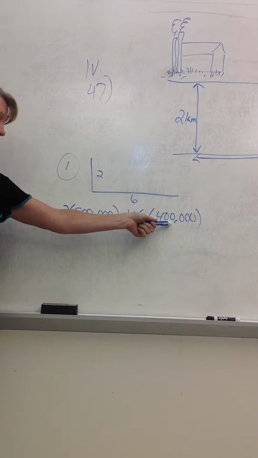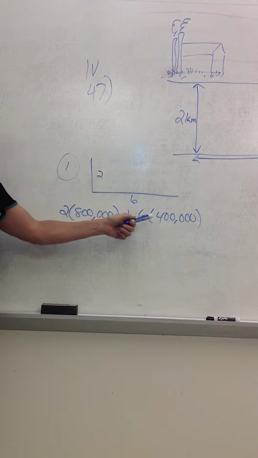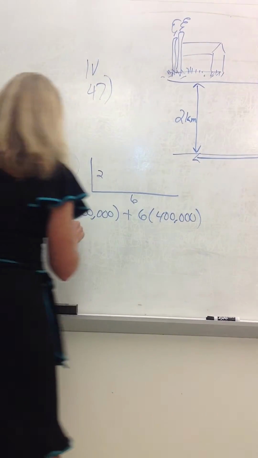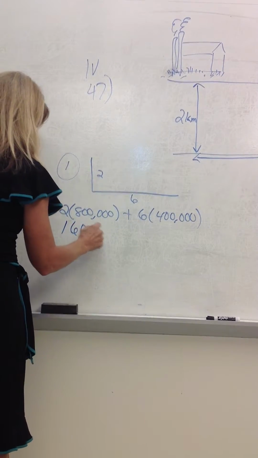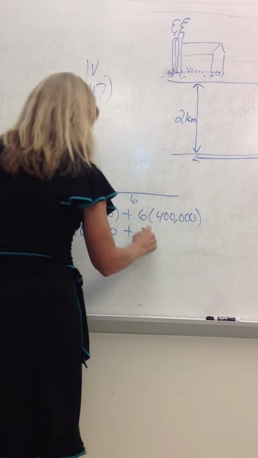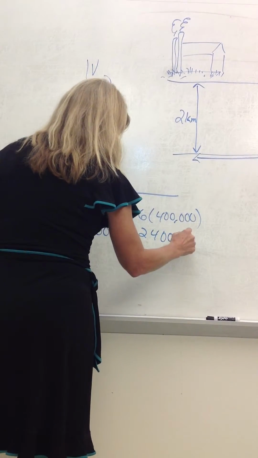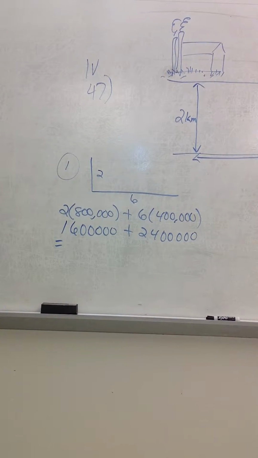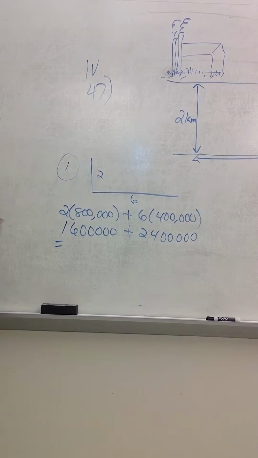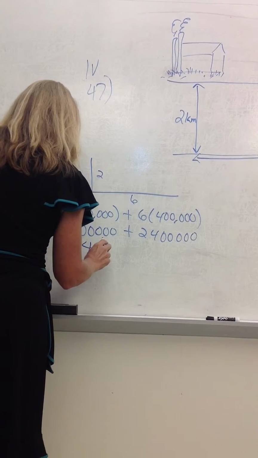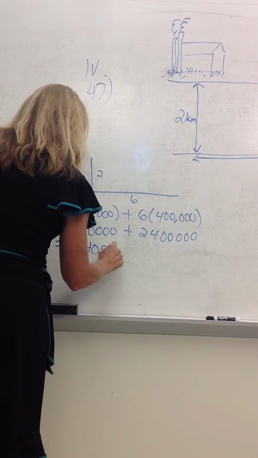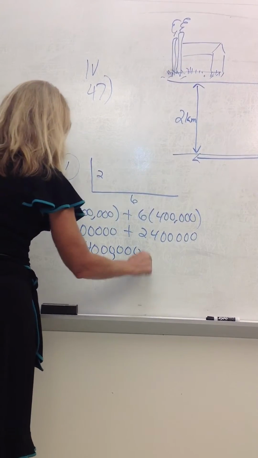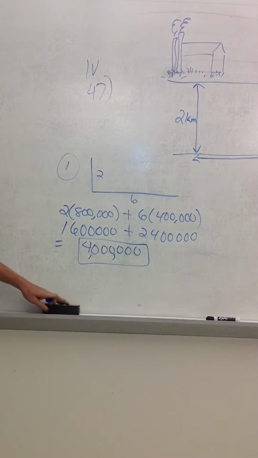It costs $400,000 per kilometer to lay the pipe on the land. So putting that all together, we get 1.6 million plus 2.4 million, and 16 plus 24 is 40, with 5 zeros. So $4 million. All right, so that's option 1.